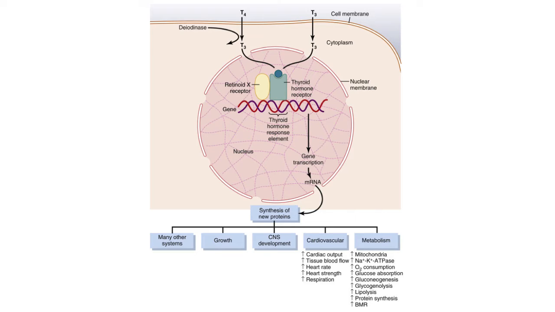So, these proteins have effects on other organ systems, effects on growth, central nervous system development, on the action of the heart and the blood vessels. It increases the cardiac output, tissue blood flow, heart rate, inotropy, and the rate of respiration.